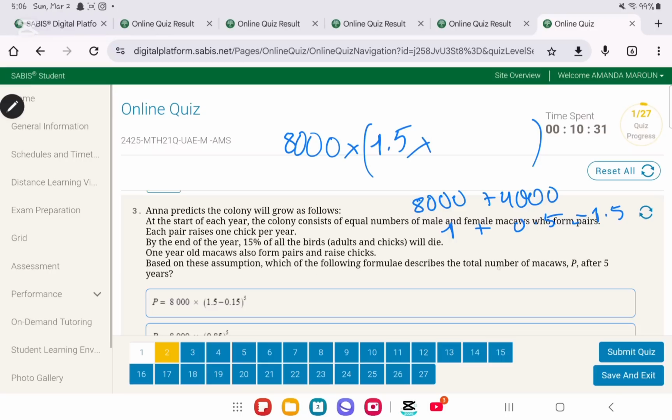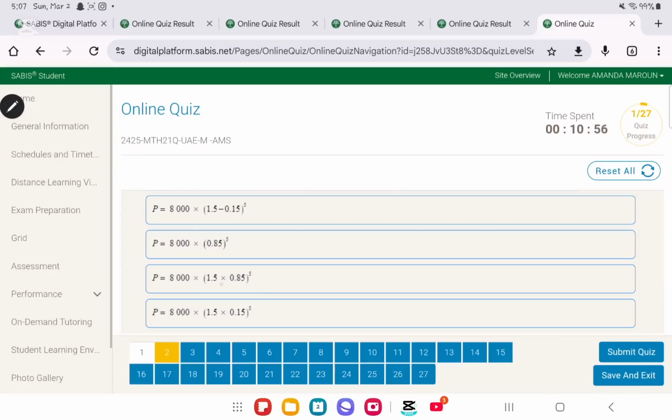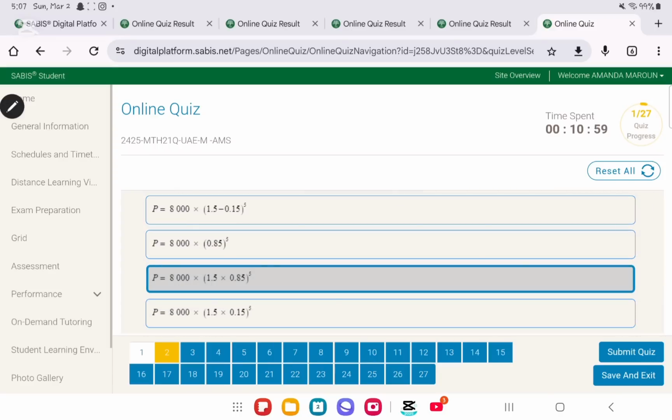And then they need the numbers of macaws that will survive. So you're not going to take the number that will die. You're going to take 100% minus the number that is going to die, and you're going to get 85% to the power n number of years. So if they need it after 5 years, it's going to be to the power of 5 years. So this is our answer.